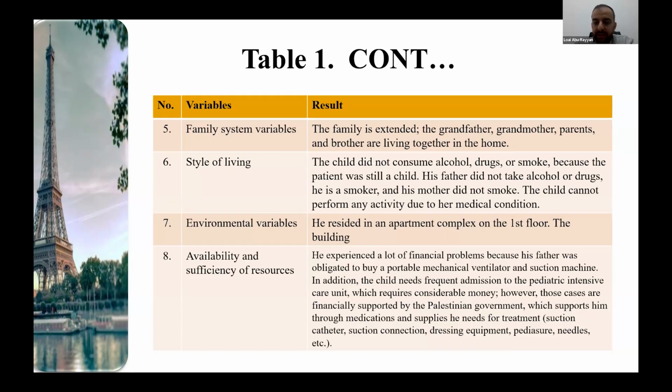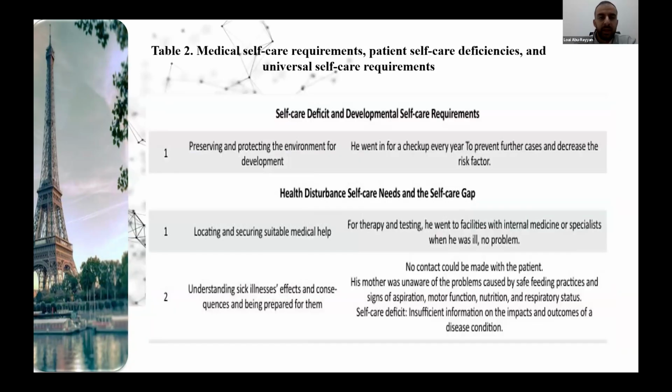In addition, the child needs frequent admission to the pediatric intensive care unit, which requires considerable money. However, these cases are financially supported by the Palestinian governmental Ministry of Health, which supports him through medications and supplies he needs for treatment, and supports admission to the pediatric ICU or to the hospital.